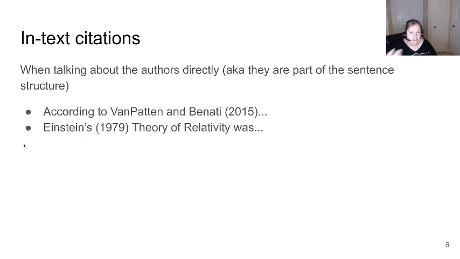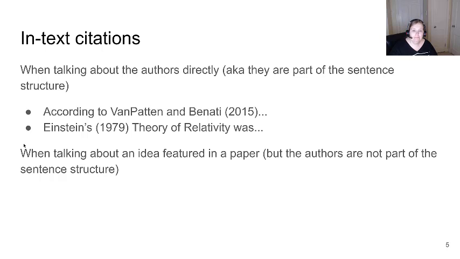If I were talking conversationally and not dropping years, I would still say their names. That's when you're talking about them directly. Like, according to Van Patten and Bonatti, we'd never use blah, blah, blah. Or, Einstein's theory of relativity, blah, blah, blah. That's when we're talking about them directly, okay?